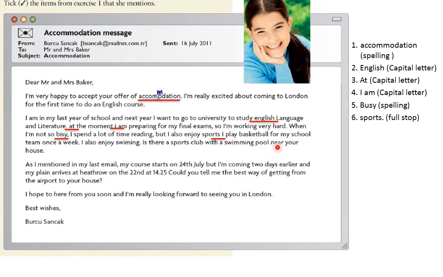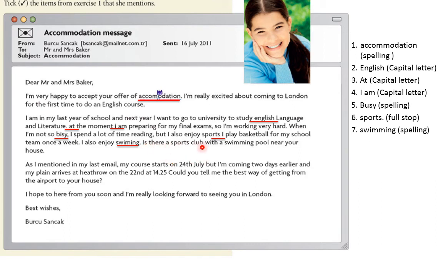I play basketball for my school team once a week. I also enjoy swimming. There is a spelling mistake. Swimming should be written with double m, and this is the right spelling.